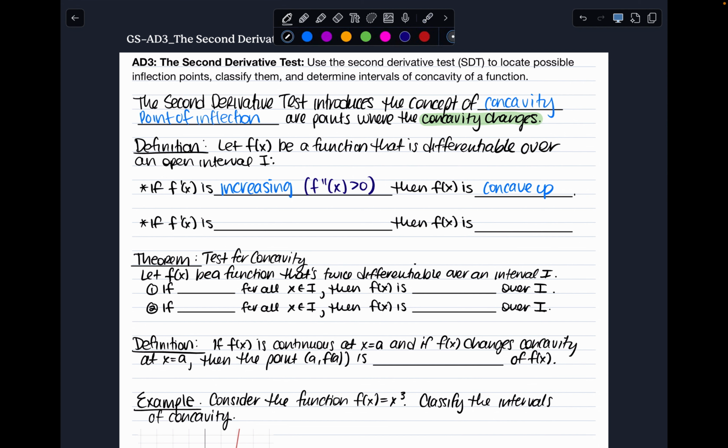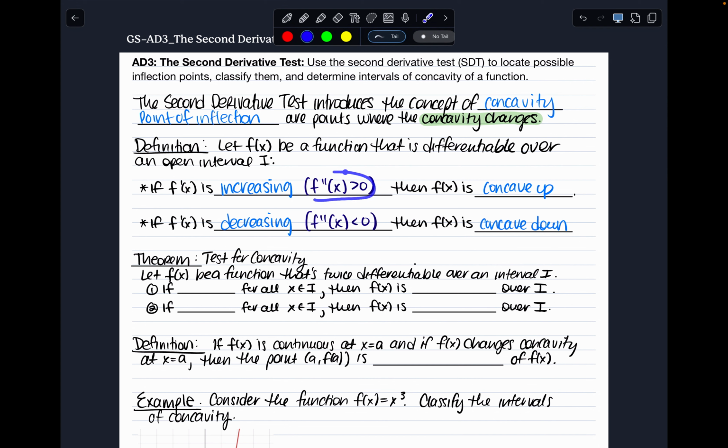If the first derivative of a function is decreasing, in that case, f double prime would be less than 0. Then we're going to say that a function is concave down. Okay, and remember what I'm looking at here.